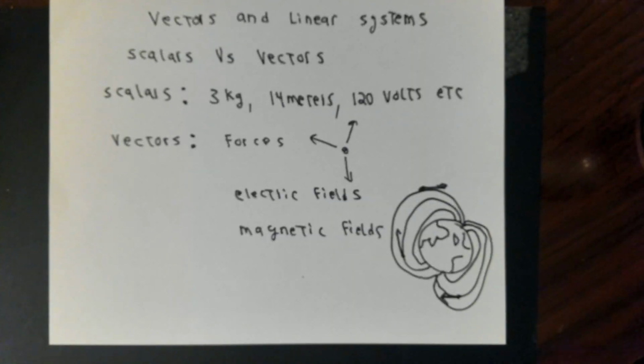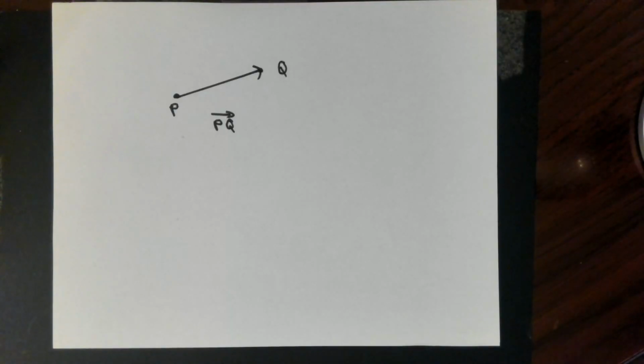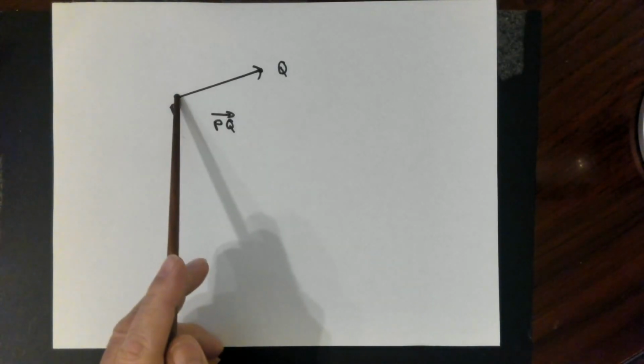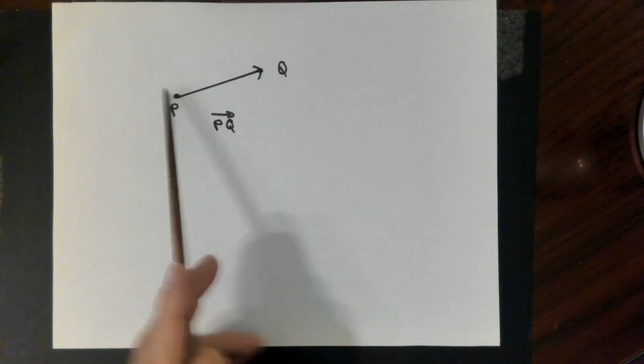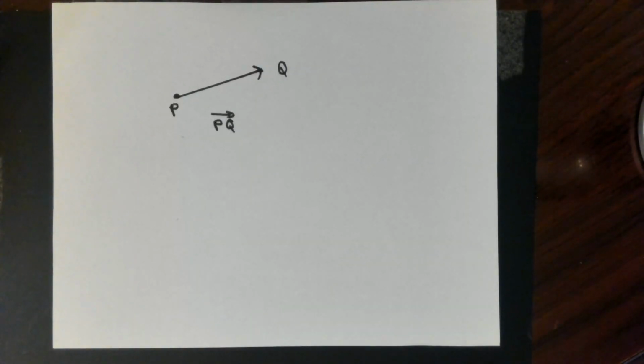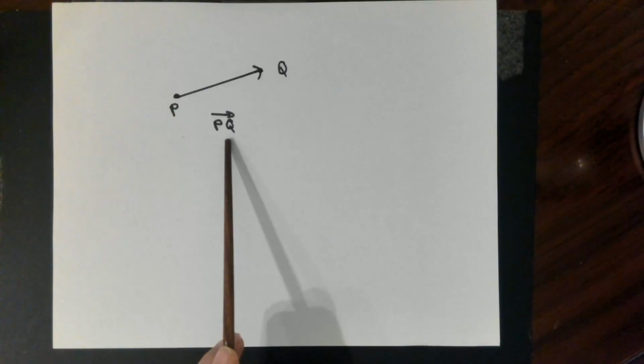To begin with, we'll think about the simplest possible case, which is the vector from one point of a plane to another point. For example, if I had 2 points in the plane, P and Q, and I draw the arrow from P to Q, I'm going to call that the vector from P to Q. The symbol that we'll use for that is this symbol.